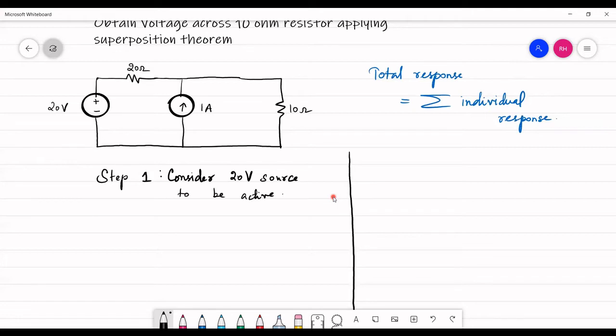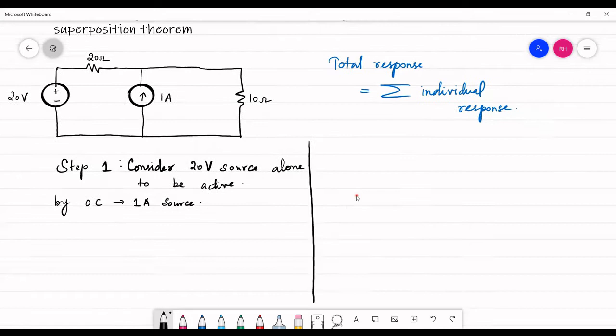So how do you consider 20 volt source alone to be active? So it is done by open circuiting. The other source is a current source, right? So this is done by open circuiting 1 ampere current source. So let me draw the circuit.